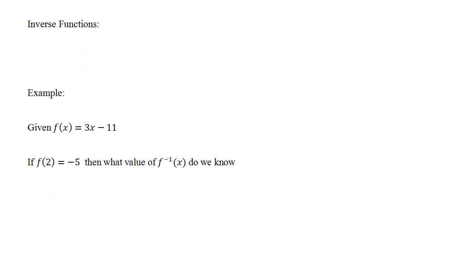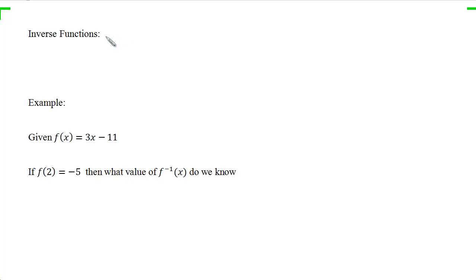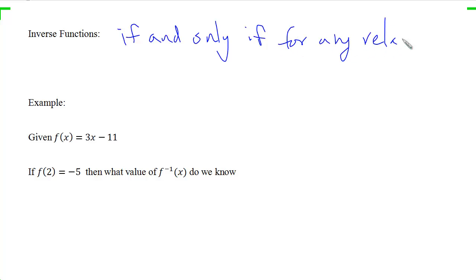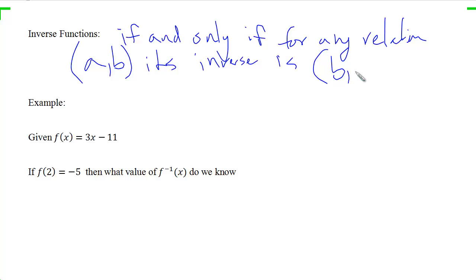Okay, inverse functions. Two functions, or two relations, are inverses if and only if for any relation of, say, (a, b), some value and some other, its inverse is (b, a).